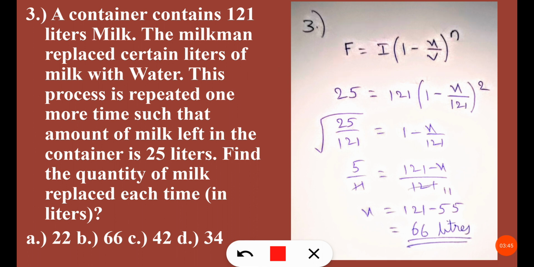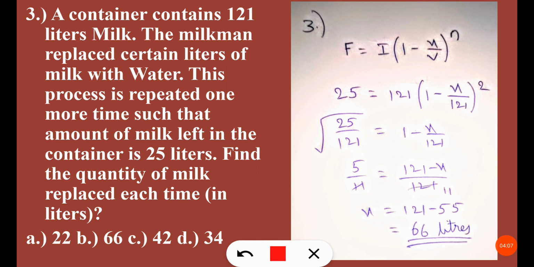Here, f is the final mixture, I is the initial mixture, x is the number of liters that was replaced each time, which we have to find out. V is the volume of the container, and n is the number of times the solution was replaced.